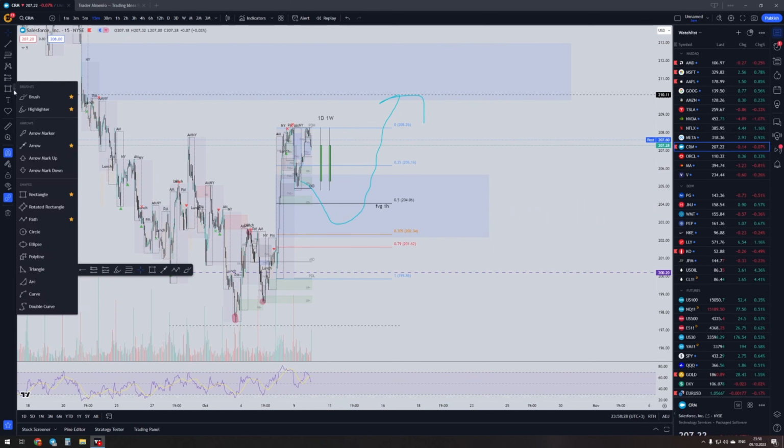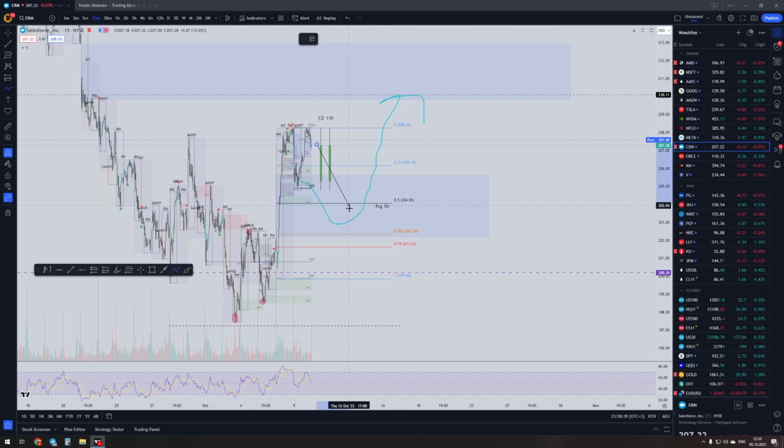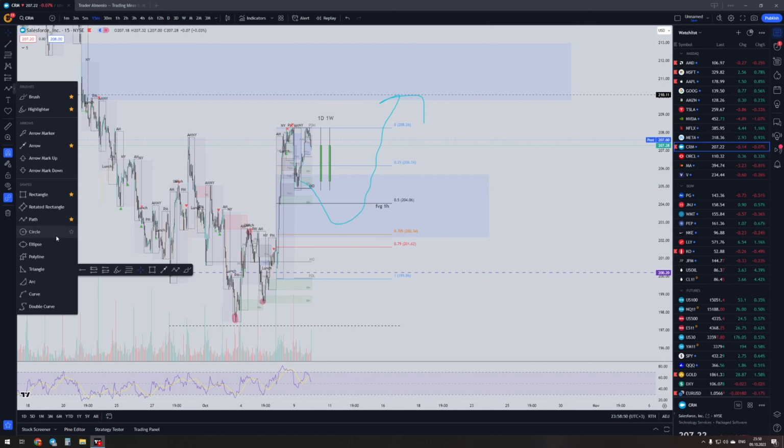What else? Path, if you want to show someone or mark something for yourself, you can draw a path, for when price goes, for example, right? Something like this. That's it.